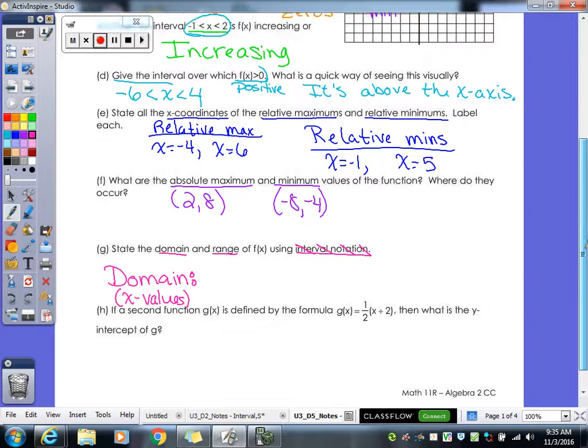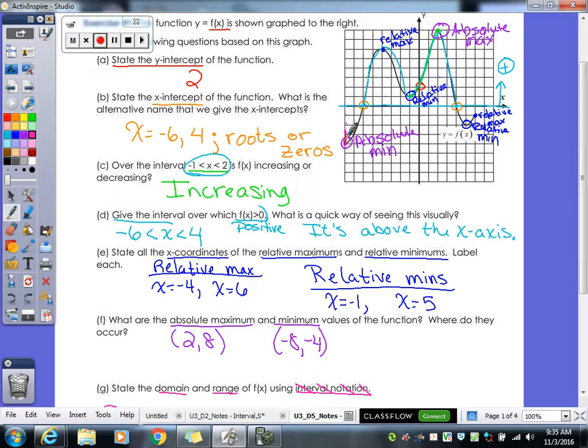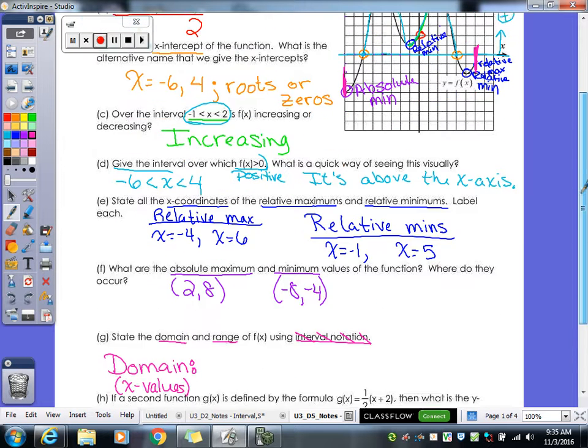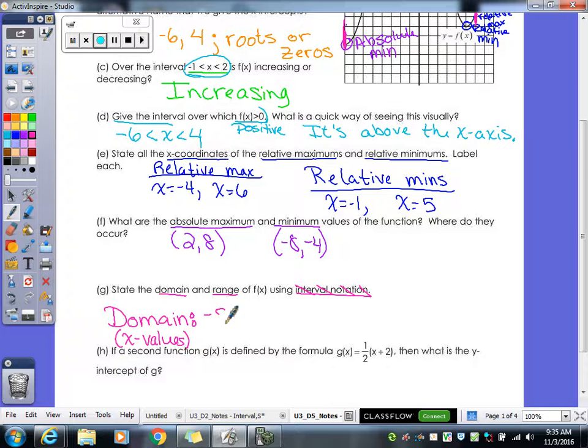Our x values go from here to here, and there's everything in between. So this is from -8 to +6. Our domain is -8 less than or equal to x less than or equal to 6. These are "or equal to" because those points are included. Those are little closed circles up there.